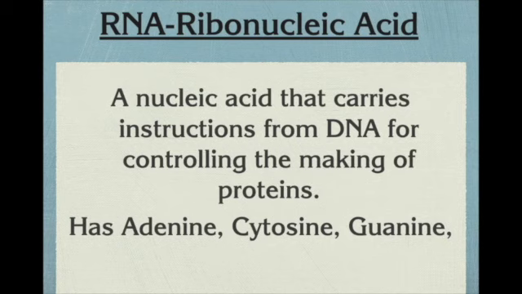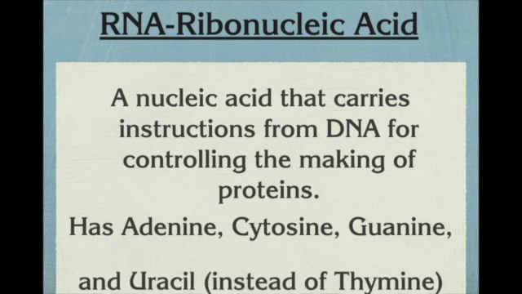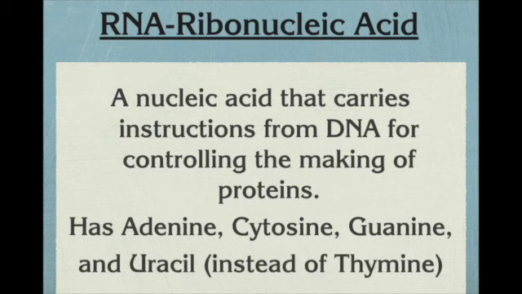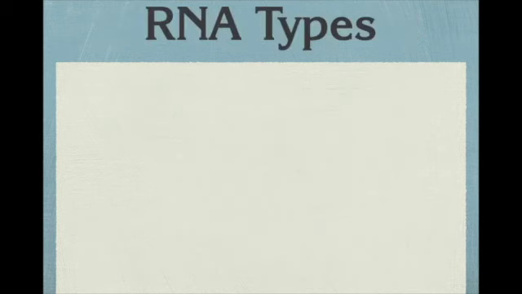So RNA does have adenine just like DNA does. It does have cytosine, it does have guanine, but RNA does not have thymine. RNA has uracil instead of thymine. So when it goes to bond or copy, in forming RNA, it will not have a thymine. It will have a uracil. And we'll do some practice with that later on to help you understand that more.